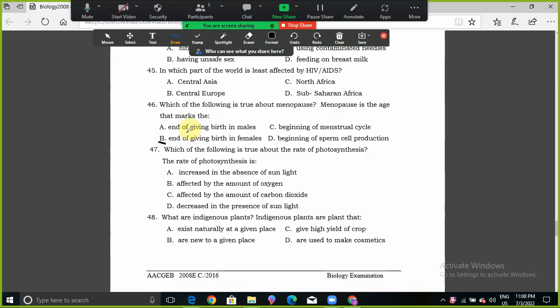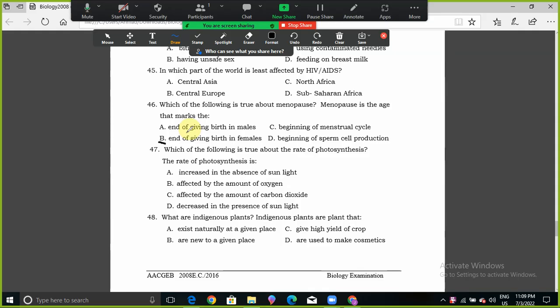Now question number 47 says: which of the following is true about the rate of photosynthesis? Increased in the absence of sunlight, affected by the amount of oxygen, affected by the amount of carbon dioxide, or decreased in the presence of sunlight?